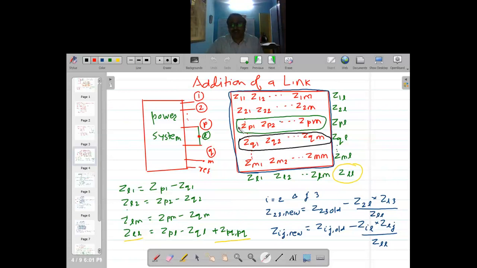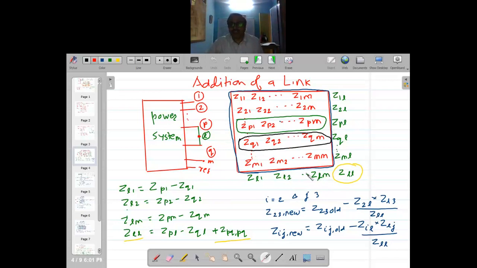So you subtract the Qth row from the Pth row. So ZL1 is equal to ZP1 minus ZQ1. ZL2 is equal to ZP2 minus ZQ2. So in general, the row here is equal to the Pth row minus the Qth row. Okay, that is how it goes.